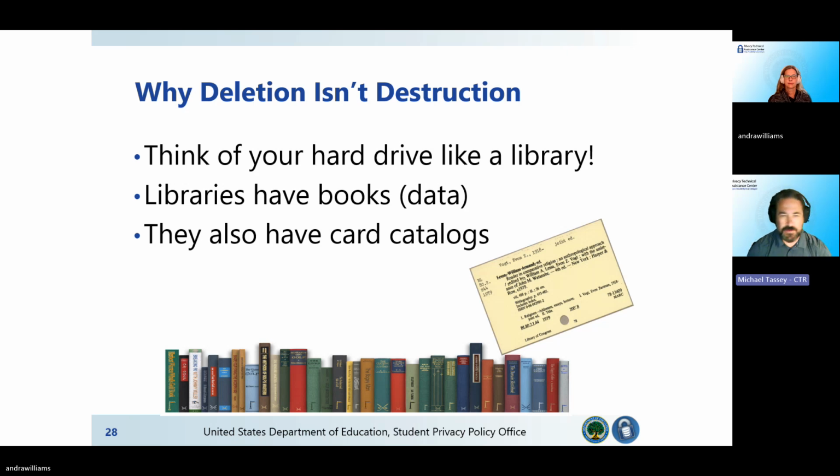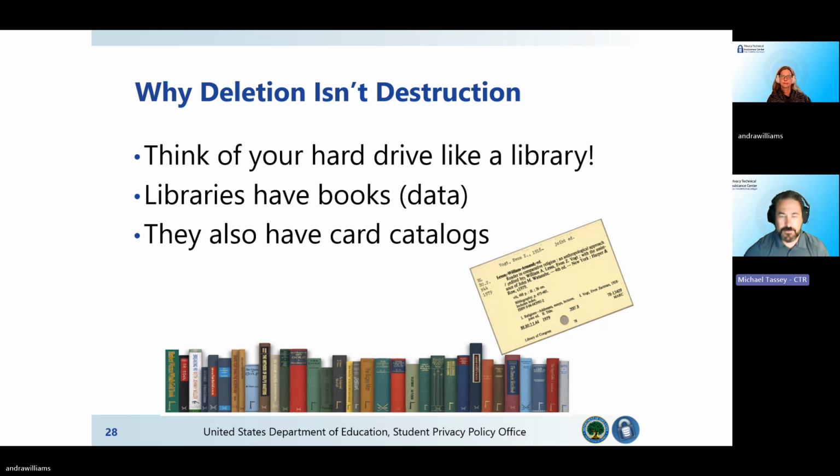Each of those books sits in its own location in the library. But in order to find those books, you've got this card catalog sitting in the middle of your library, with drawers with little cards in it in alphabetical order, and you go to that card catalog and find the card for the particular author or book that you're looking for, and it tells you what shelf and what location on that shelf to find the book.